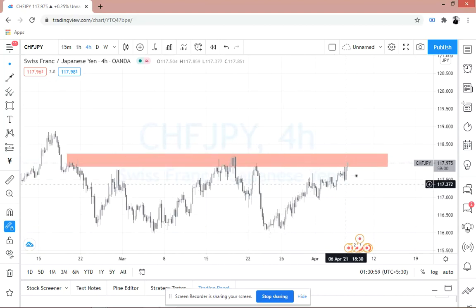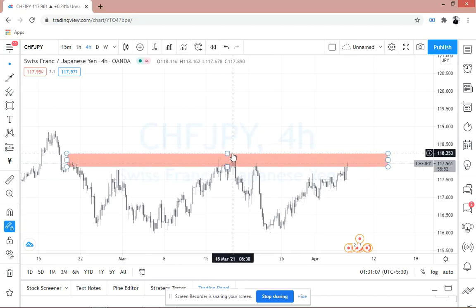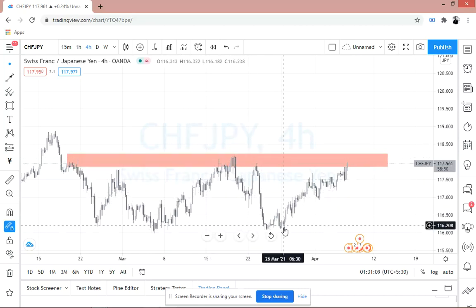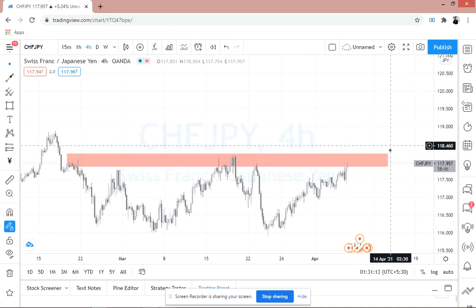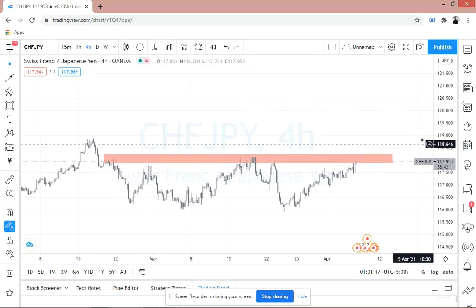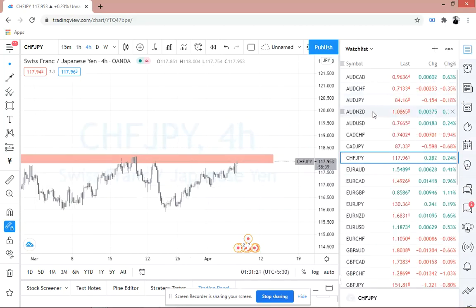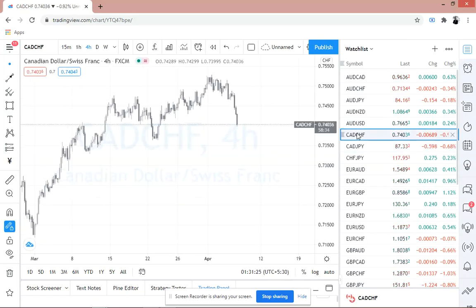We have a strong momentum, a strong trend toward the resistance. Then we have some little correction in reverse. Okay, so what I'm expecting in CHFJPY is a breakout to the upside.